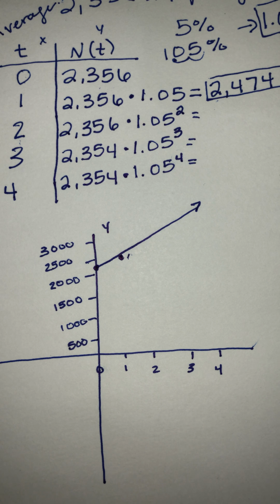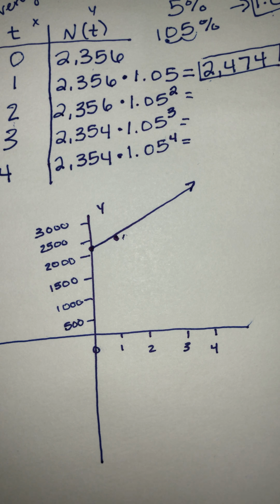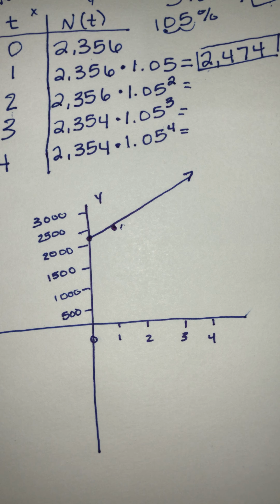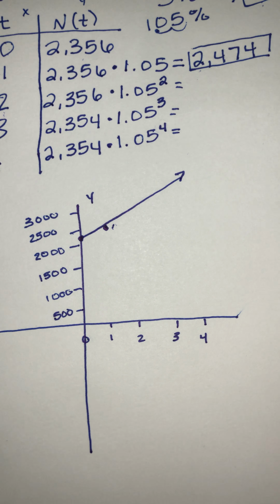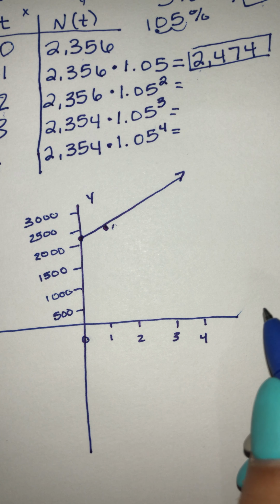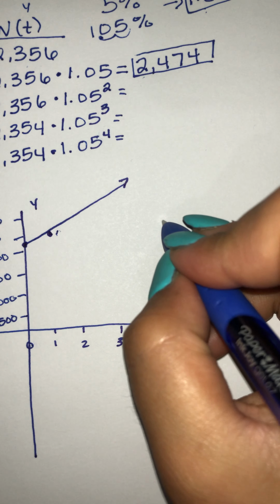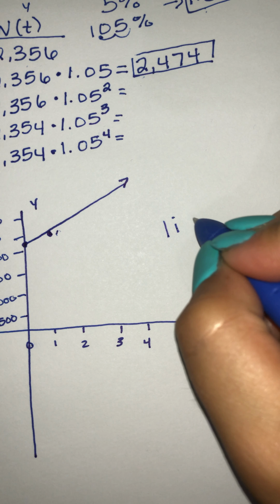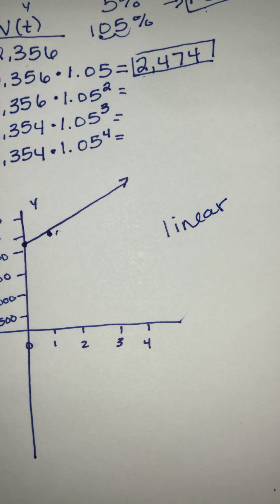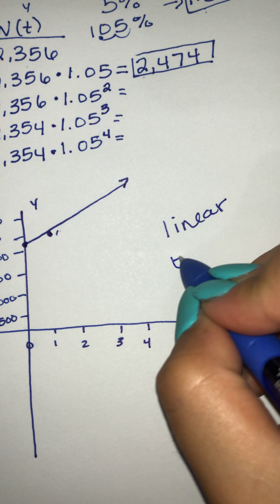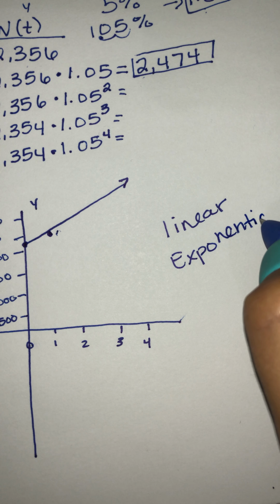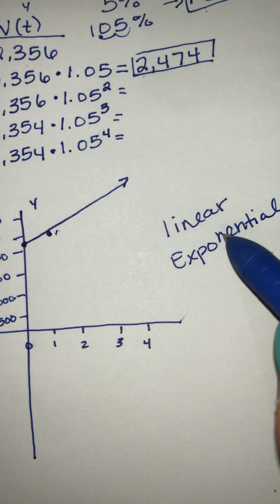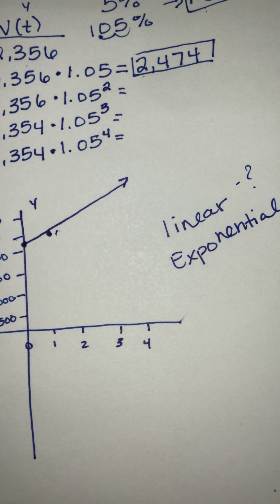So now our question is, based on our videos that we watched, based on what we see in our data here, based on our numbers, is this going to be a linear graph, or is this going to be an exponential? If it's linear, why?